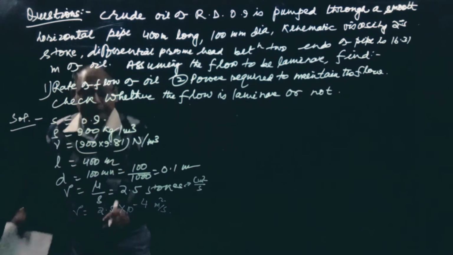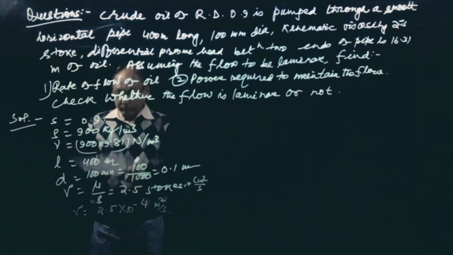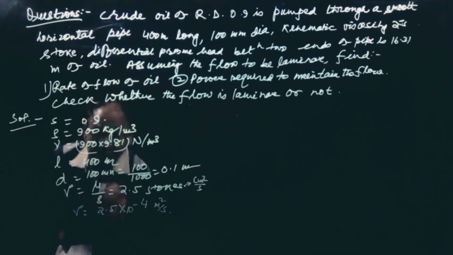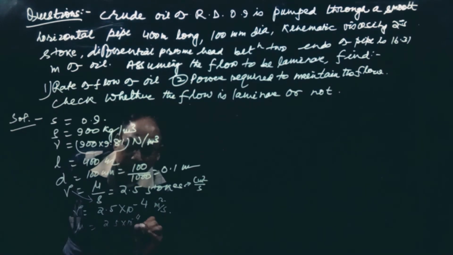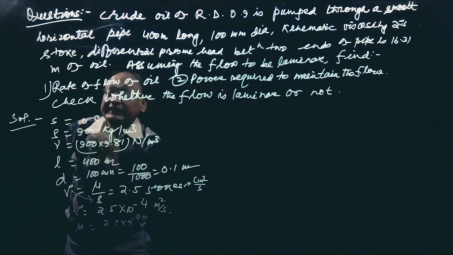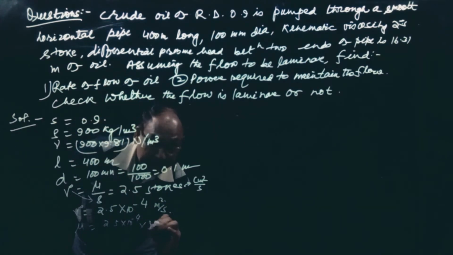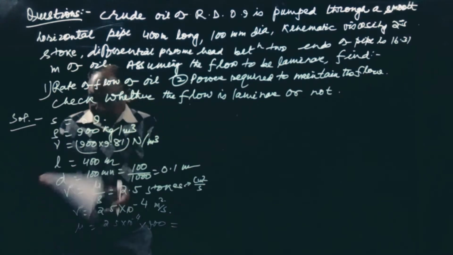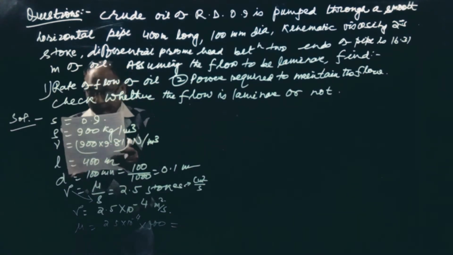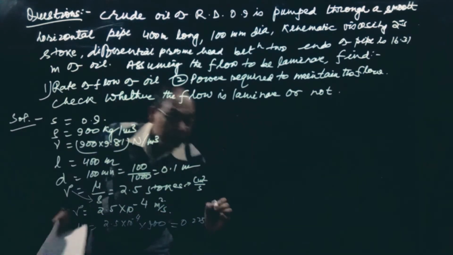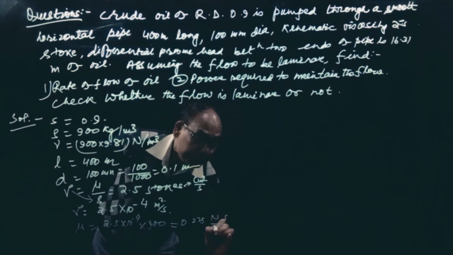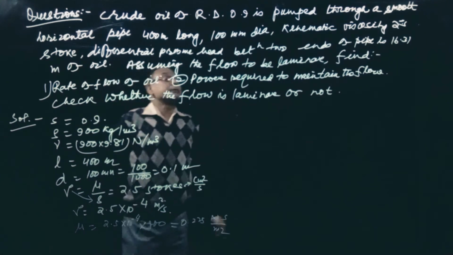Now we have to find out mu. So mu will be equal to nu into rho. Nu is 2.5 into 10 to the power minus 4 into mass density 900, so this value will be 0.225 Newton second per meter square.